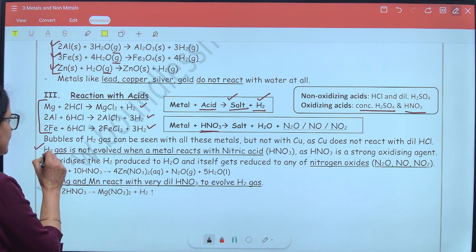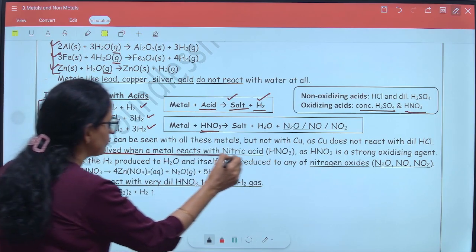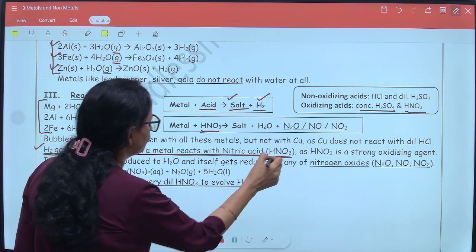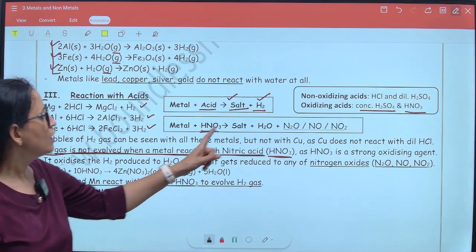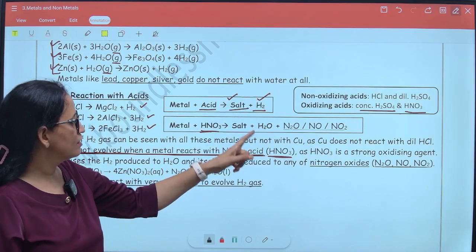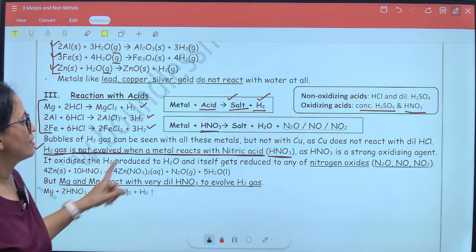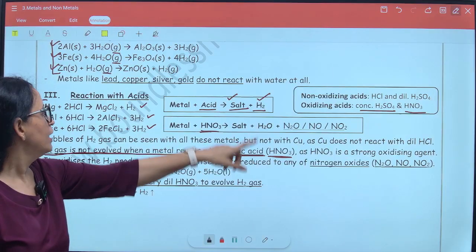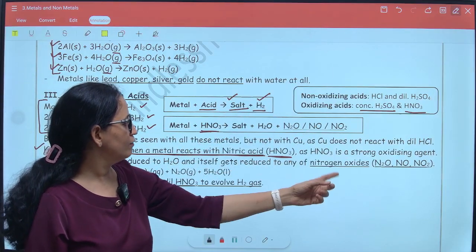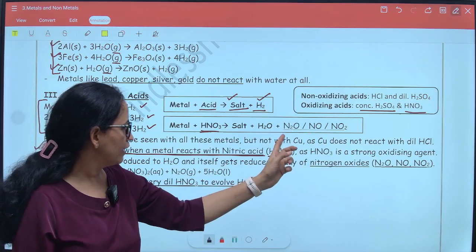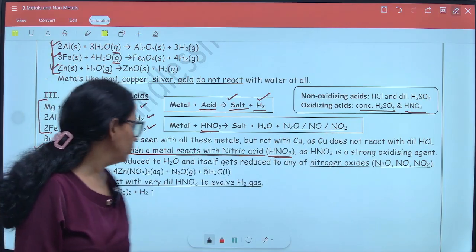Hydrogen gas is not evolved when a metal reacts with nitric acid. This is very important. When metals react with HNO3, hydrogen gas is not released because HNO3 is a strong oxidizing agent and it oxidizes hydrogen to produce water, and itself it gets reduced to any of these nitrogen oxides, that is N2O, NO or NO2.